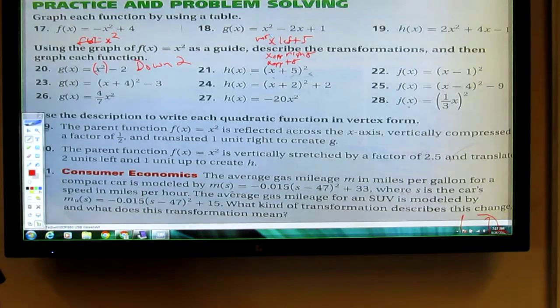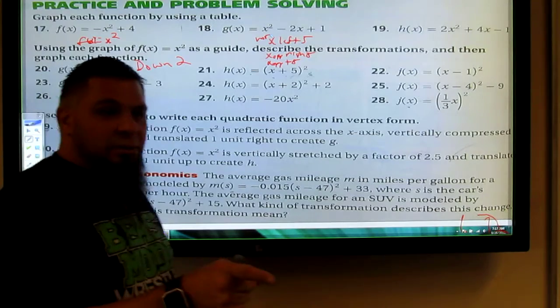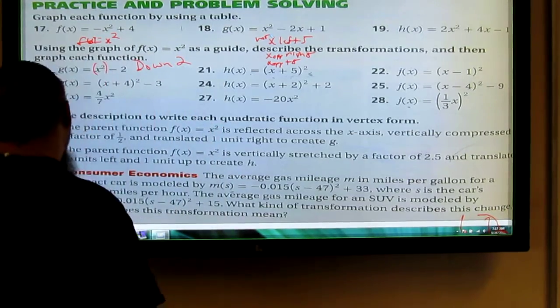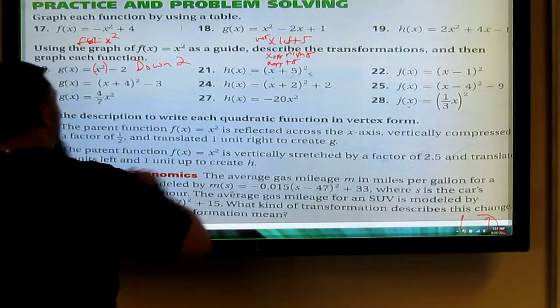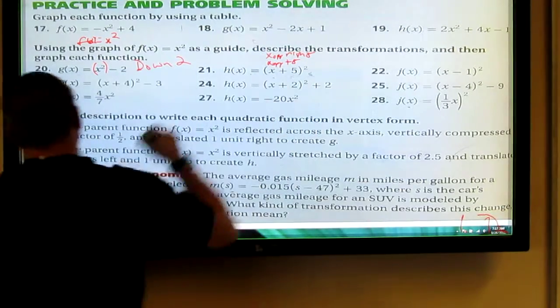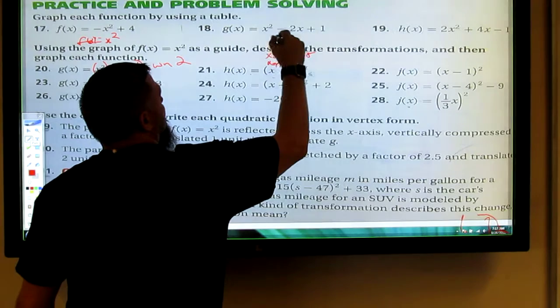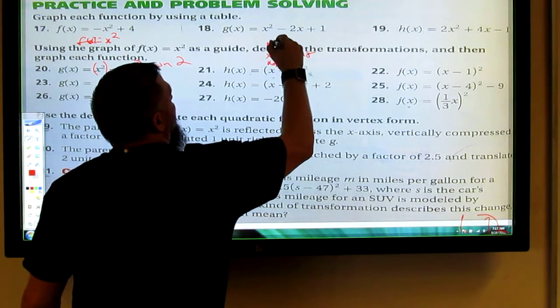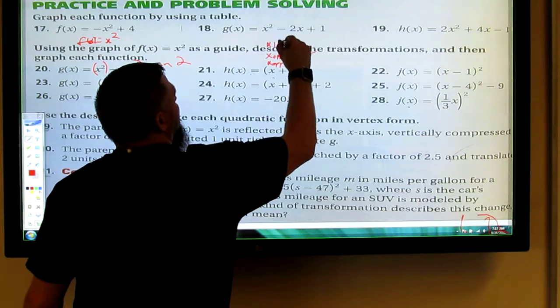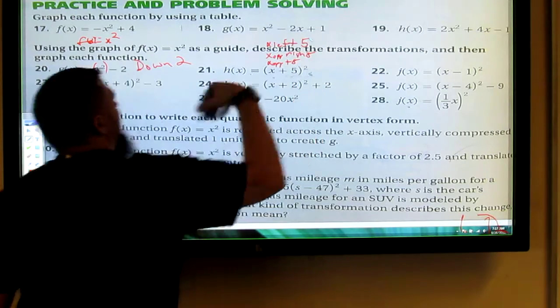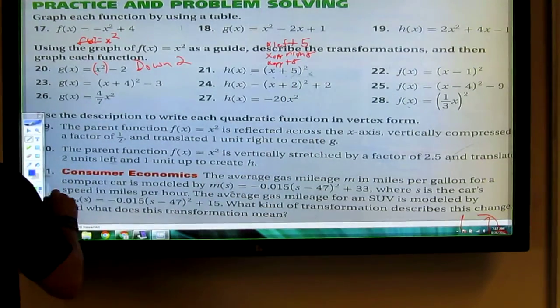Okay? Let's try it again. So x opposite would be x left 5, and then let's change the color real quick.